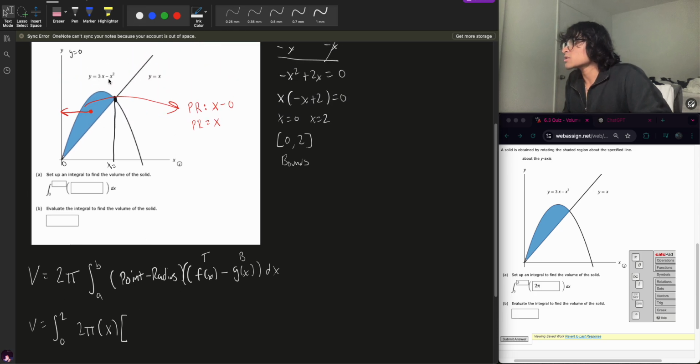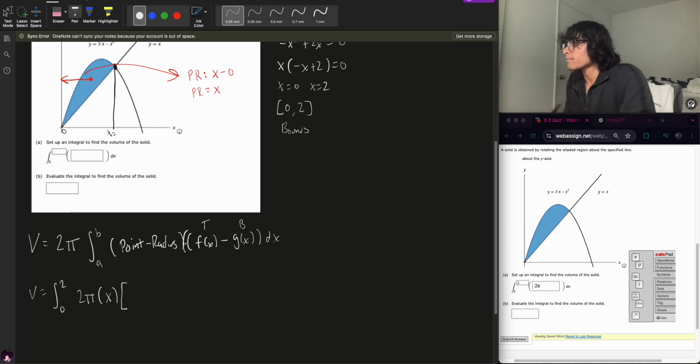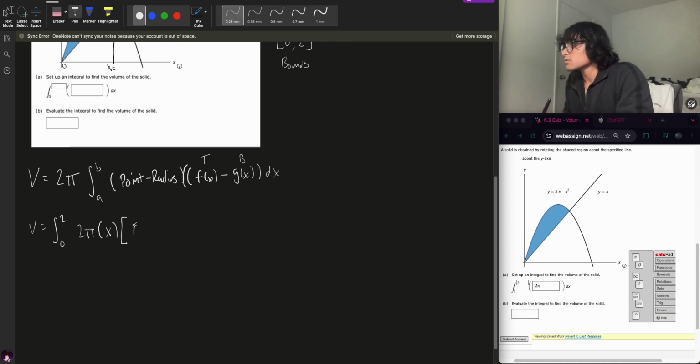What's our top function? 3x minus x squared minus our bottom function, x, with respect to dx.